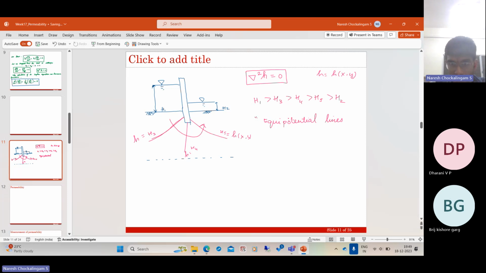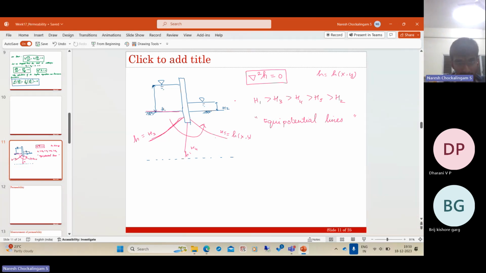Why are they called equipotential lines? Because if you go along this line, the potential is H3. So this is an equipotential line, this is an equipotential line, and so on.